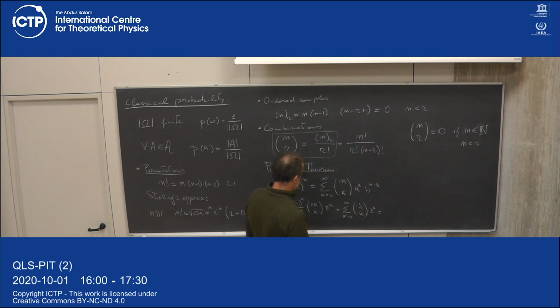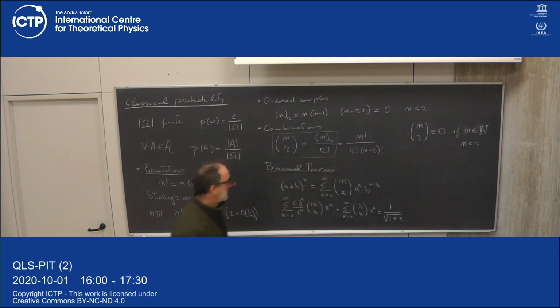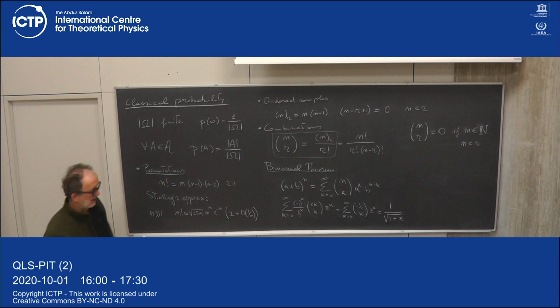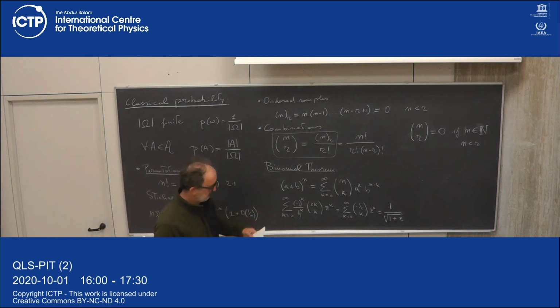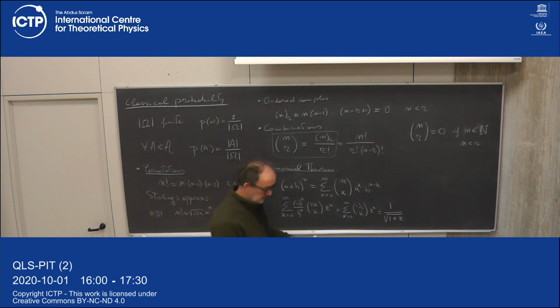So this is nothing but 1 over the square root of 1 plus z. So this gives you an idea of why this generalization of the binomial theorem is important.